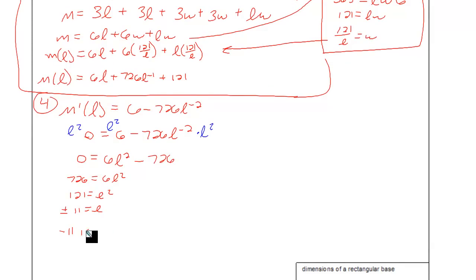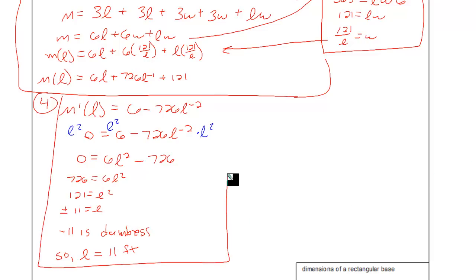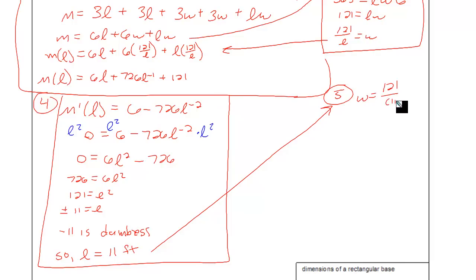Negative 11 for the length is ridiculous. So the length is positive 11. And this was talking about feet, I believe. So what is the width? 121 divided by 11, which is 11.